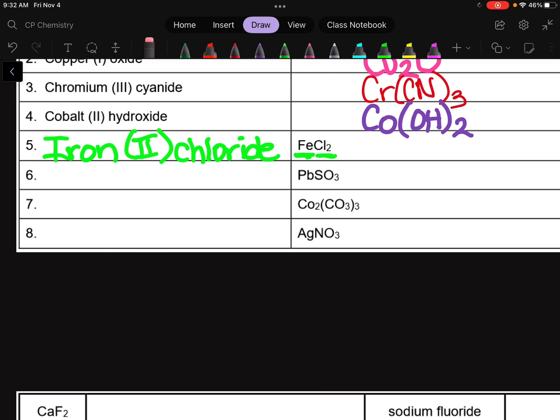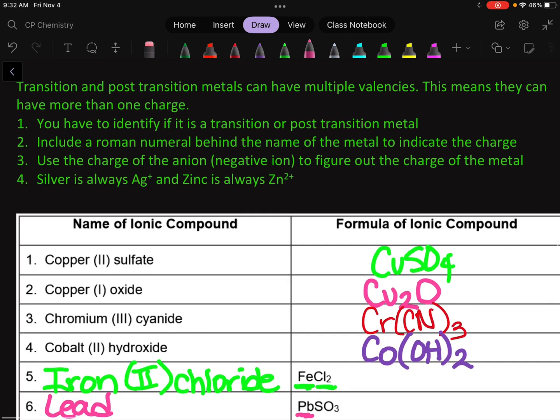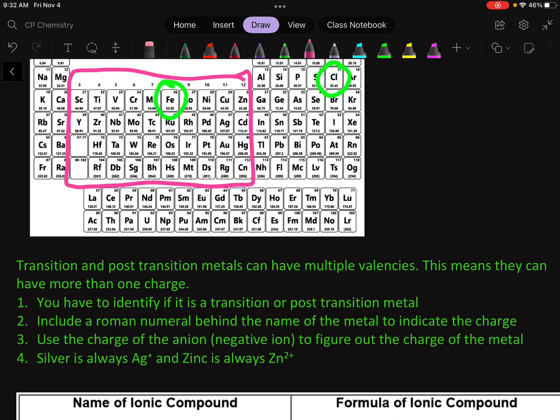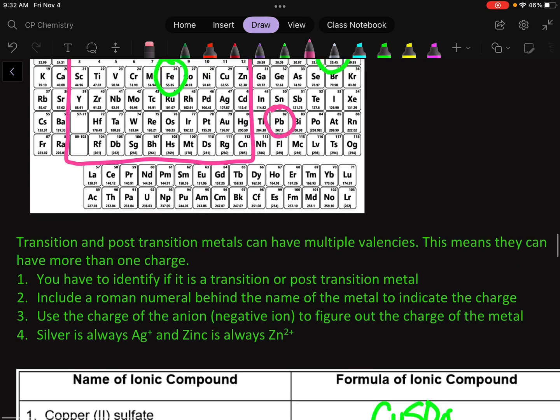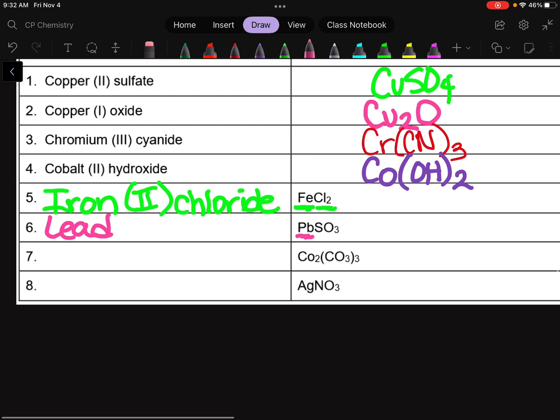Okay, the next one is Pb, that's lead. Pb is right here. It is a post-transition metal, so we're going to have to put a Roman numeral behind it for its charge. And it's bonded to SO3, which is sulfite. That's a polyatomic ion.